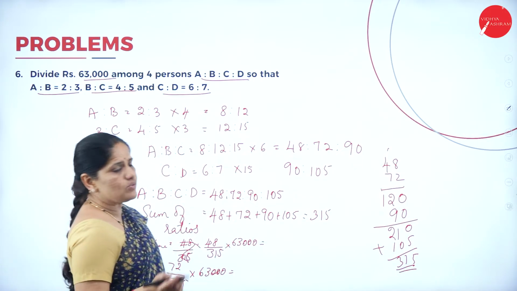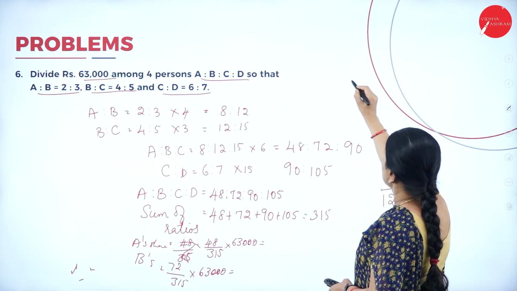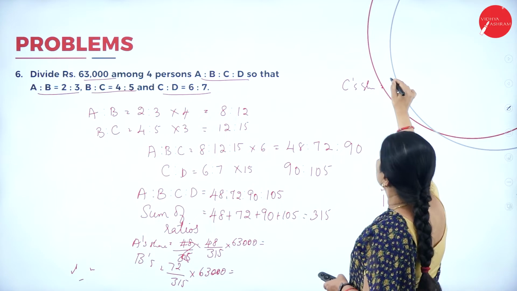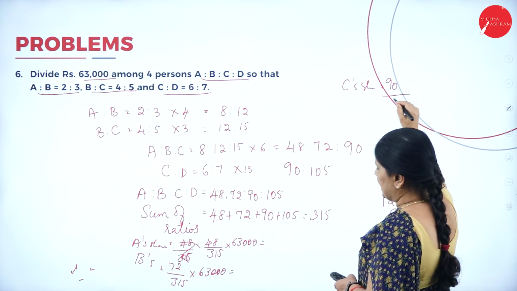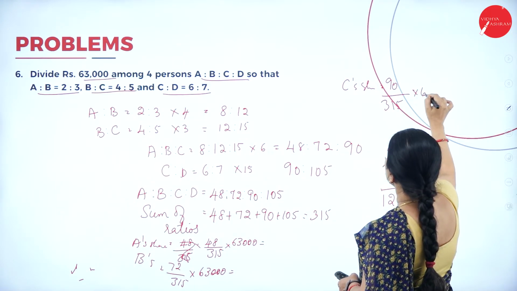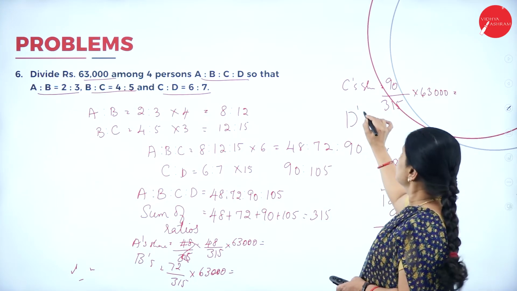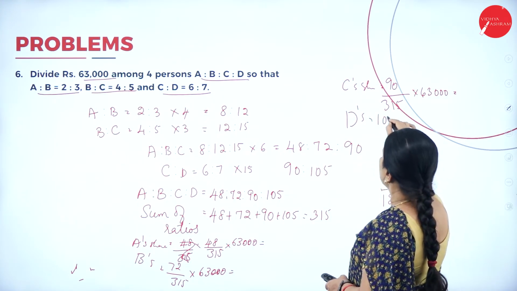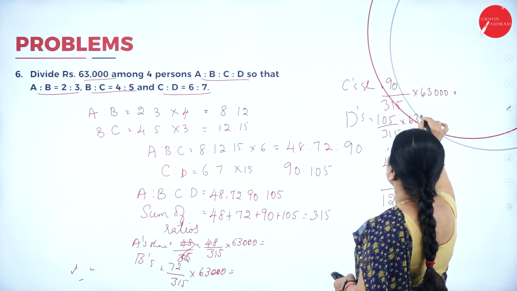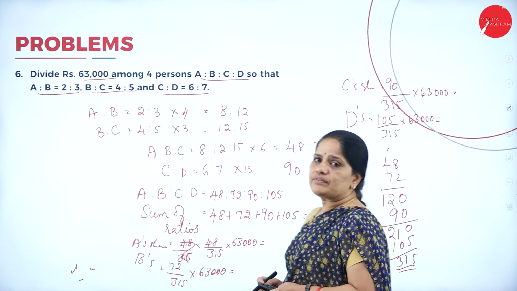Then next one, C's ratio is 90. So C's share will be 90 by 315 into 63,000. Then D's share will be 105 by 315 into 63,000.